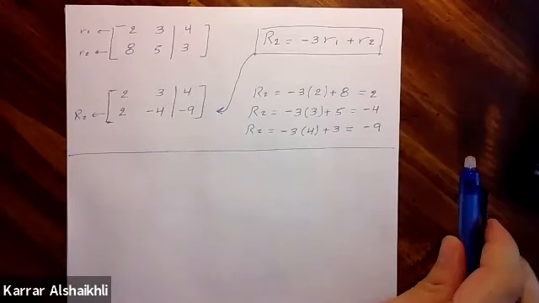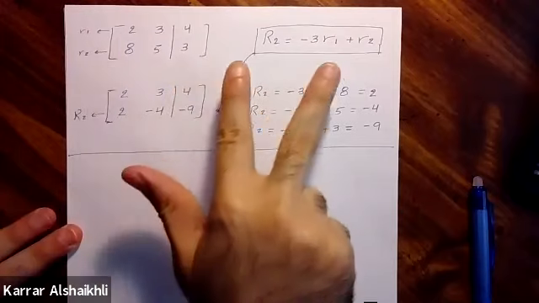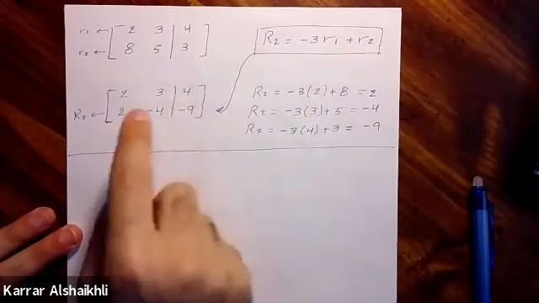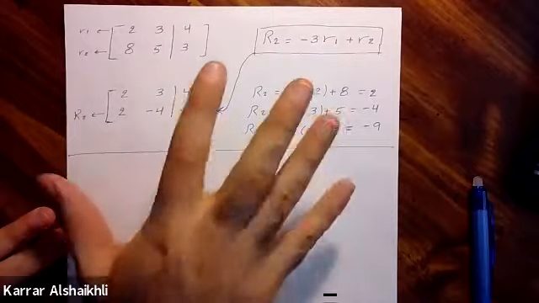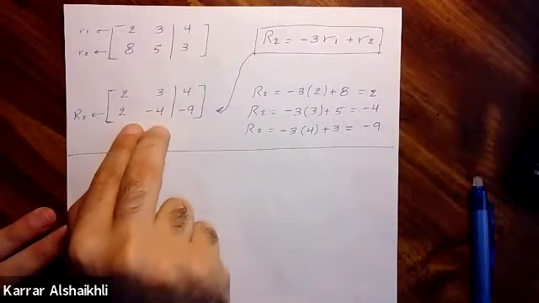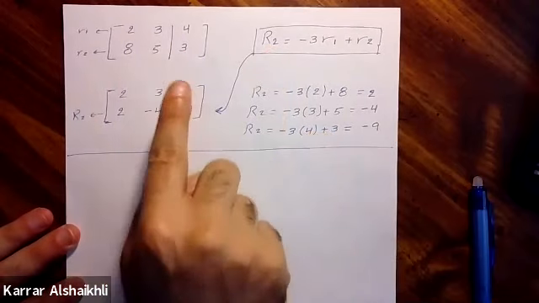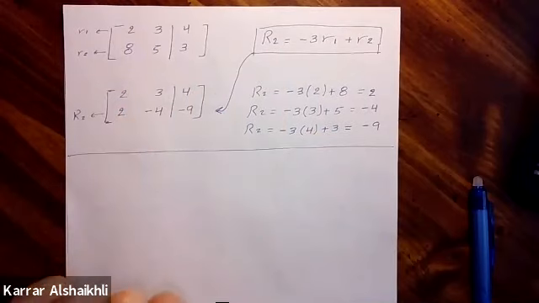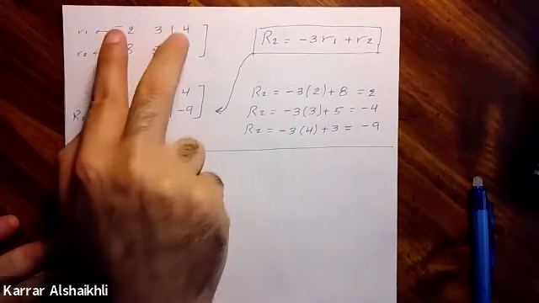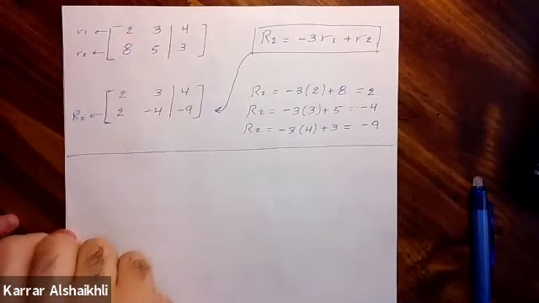Until now, we're just using the row transformation. So if they ask you, this is the matrix, and use this rule to find the solution, here is the solution until now, because we need to get a new matrix. How are we going to get the new matrix? By getting a new row 2. That means here's the solution. You see the difference between these two matrices? 2, 3, 4, which is the old R1.